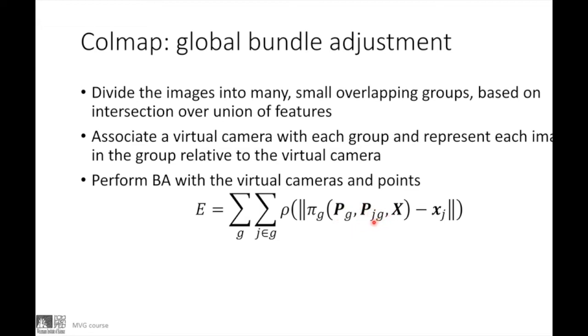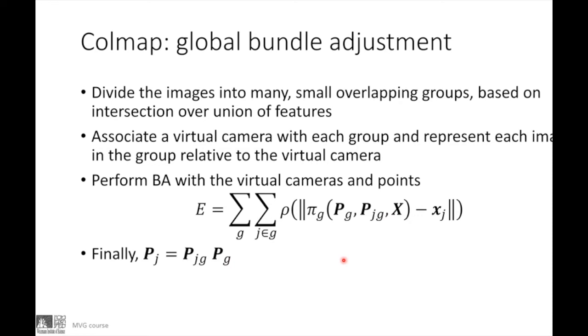Okay, image J relative to G, which represents the group camera. And finally, the camera pose, the camera parameters for the Jth image, is the product of the group camera and the relative camera of J relative to the group camera.